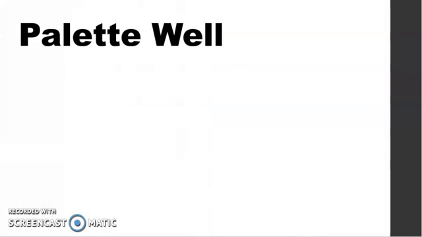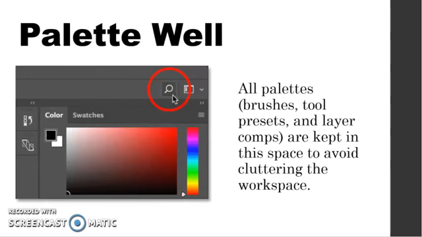Now let's proceed to the palette well. All palettes like brushes and tool presets are kept in this area of the Photoshop interface to avoid cluttering the workspace. These are easily accessible with just a click on a tab to reveal it.